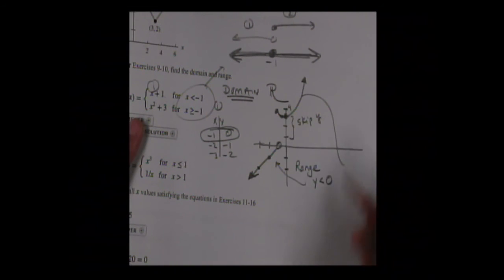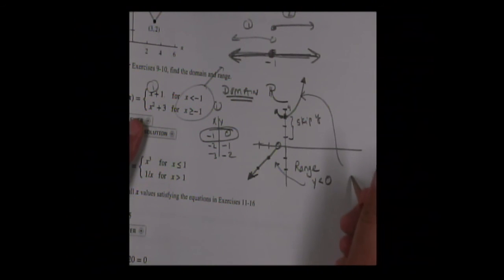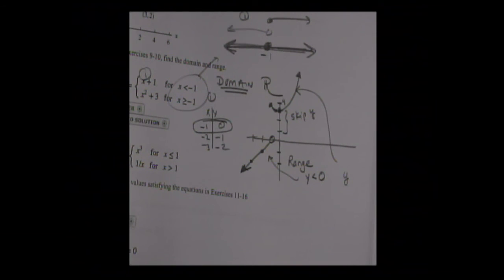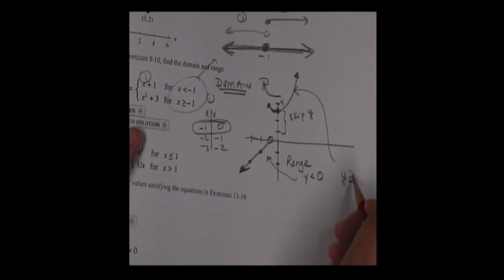To do the second piece, what y's do I use for the second piece? What's the smallest y I use for the second piece? 3. And can I use every value above 3?